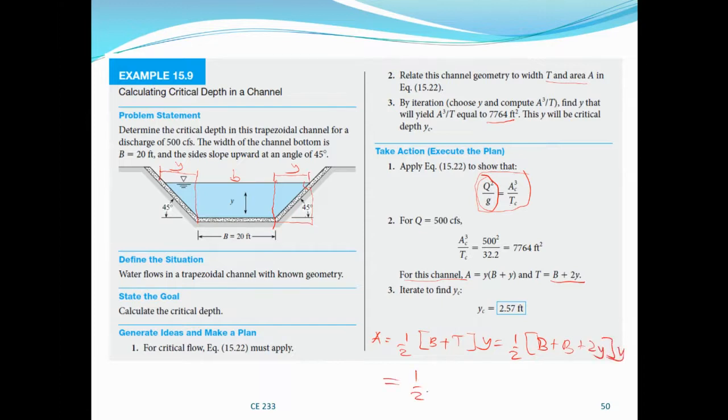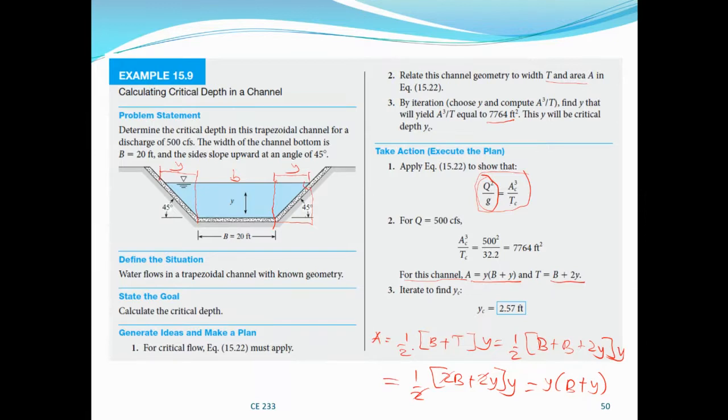So this is half, 2b plus 2y, times y. You see, these two will cancel, so you will have just y into b plus y. And this is exactly how we obtain this formula here.